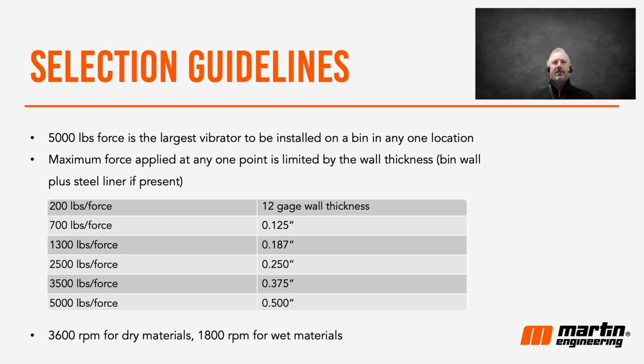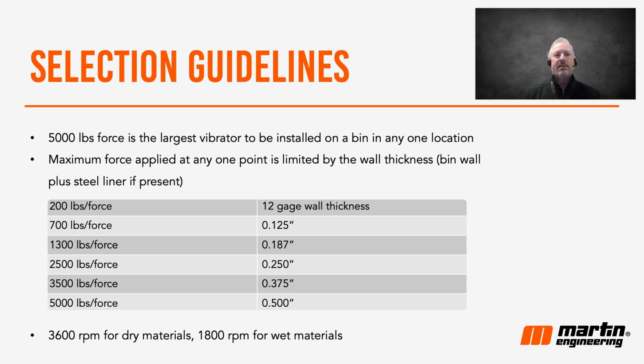The wall thickness determines the max force that we can apply in any one area also. In this case, I highlighted the 1/4 inch wall thickness. We can apply up to 2,500 pounds of force in that area, and we're well within that at 1,460 force pounds.